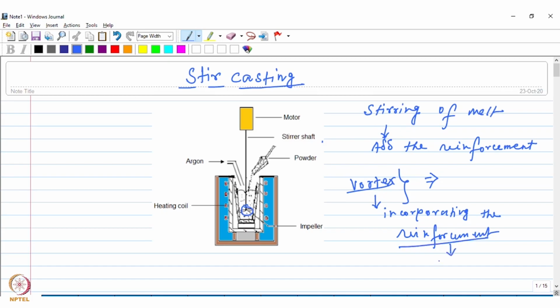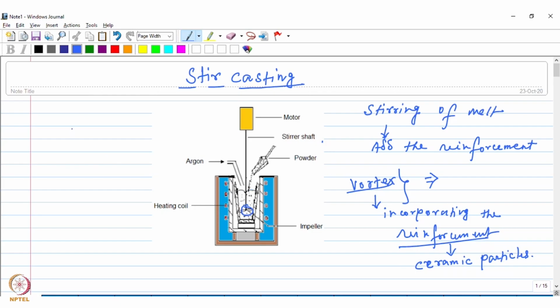I'll come to that in a moment. So let's say you are adding ceramic particles as the reinforcement. So this vortex which is created due to this stirring of the melt by this mechanical impeller will actually take these ceramic particles into the molten metal as you add the particles along the periphery of the vortex.